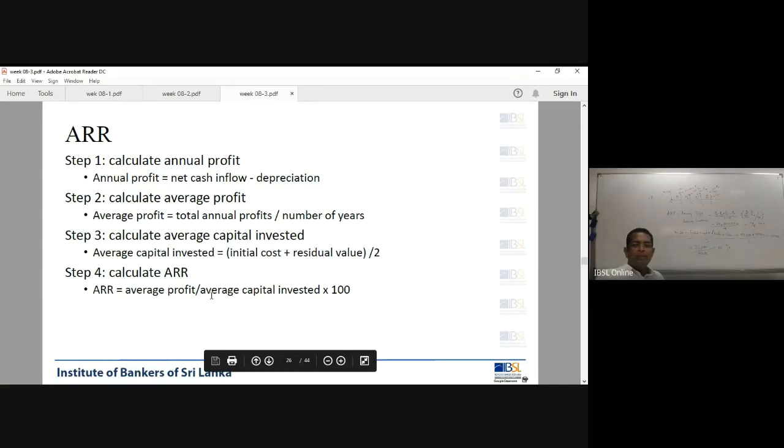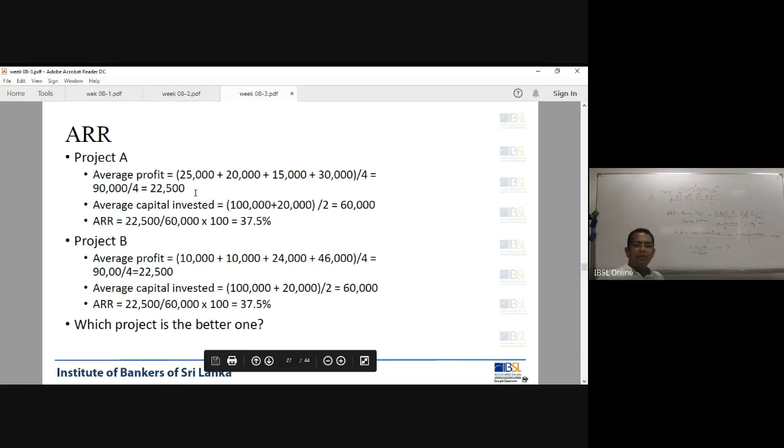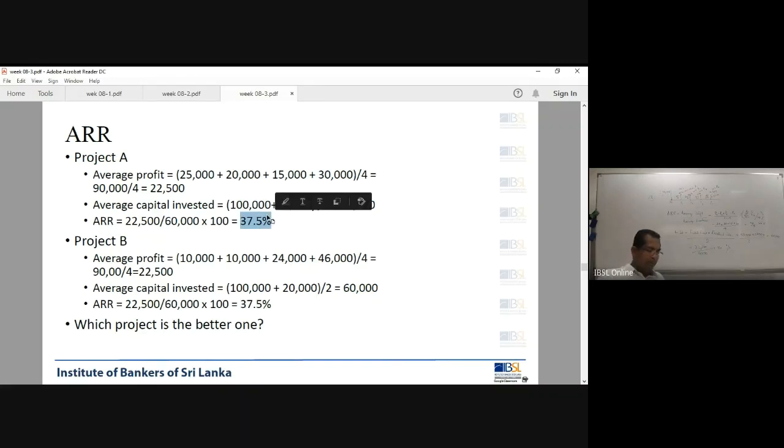Average profit divided by average capital investment into 100 is the ARR. Right? See, 25,000, 20,000, 15,000, 30,000 divided by 2, which is 22,500. Average capital investment is 100,000 plus 20,000, divided by 2, which is 60,000. ARR is 22,500 divided by 60,000 into 100, which is 37.5. What does this mean?